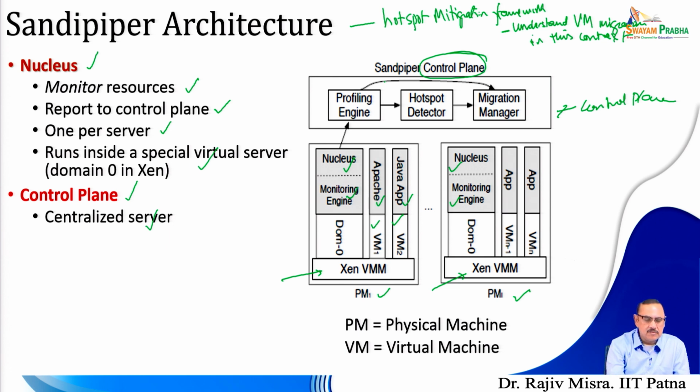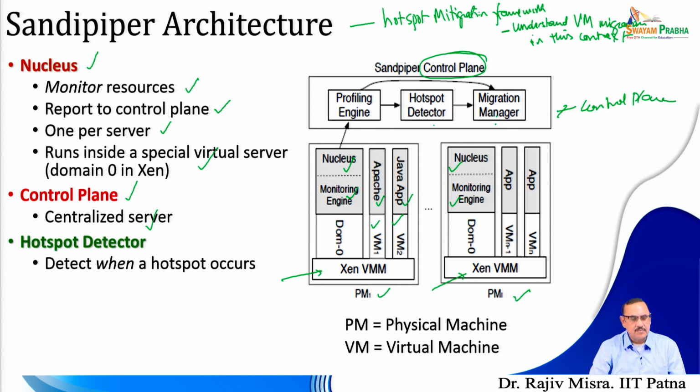All the information which is sent by the nucleus and the monitoring engine to the control plane will run 3 different modules: the profiling engine, the hotspot detector, and the migration manager, based on the information collected from the physical machines running the nucleus and the monitoring engine.